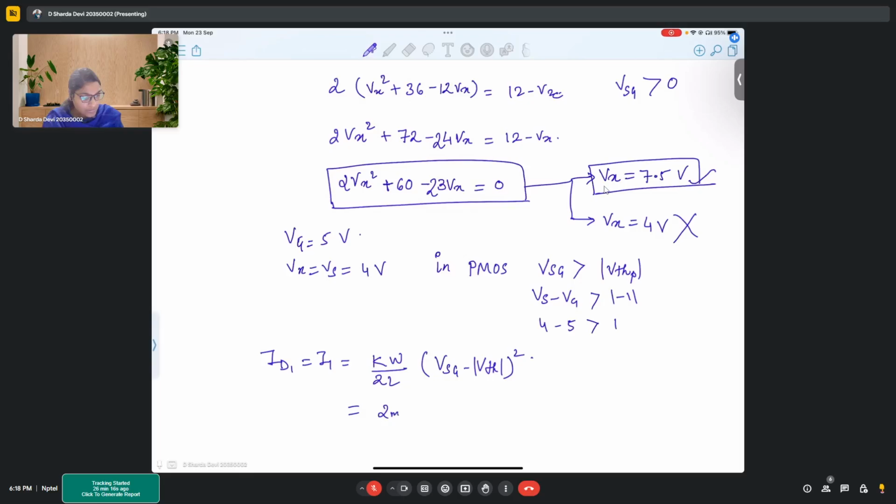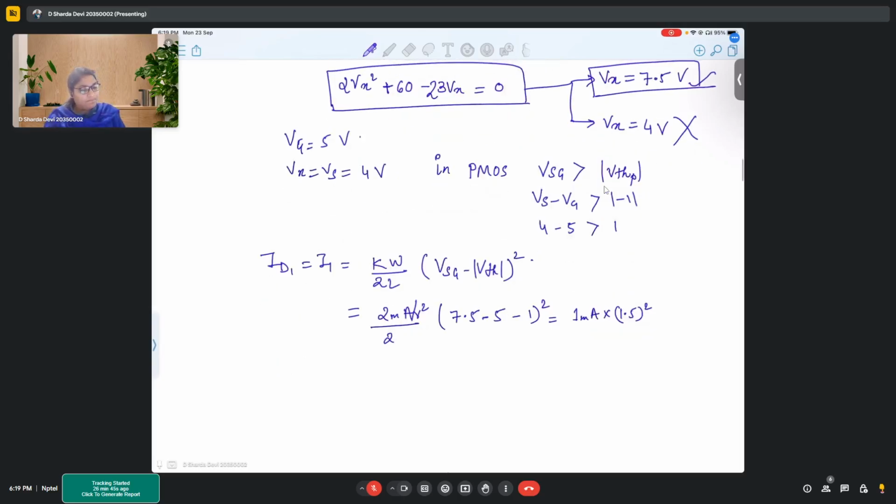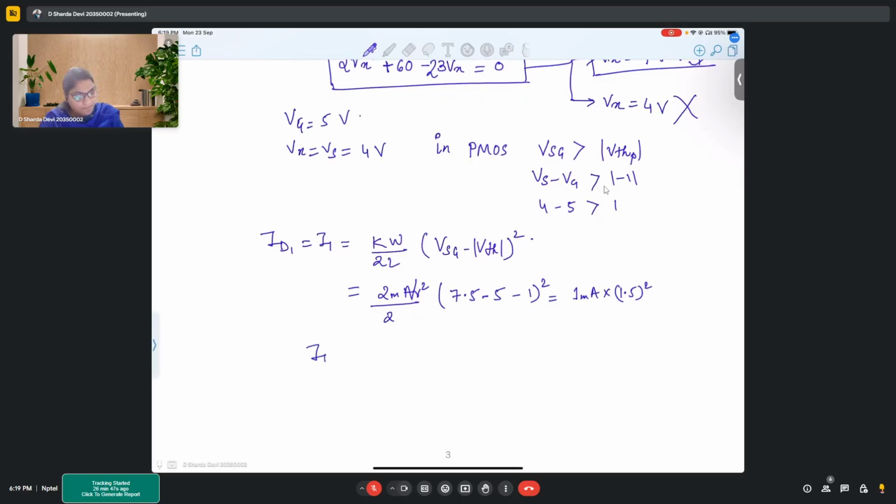So this is 200 times 7.5 minus 5 minus 1 square. So I1 turns out to be 2.25 milliamperes.